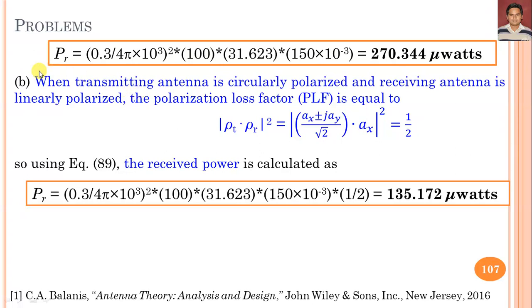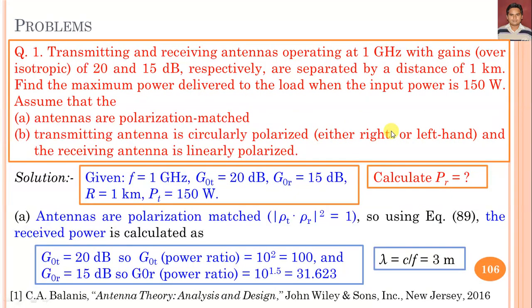In the second case, when the transmitting antenna is circularly polarized and the receiving antenna is linearly polarized, the polarization loss factor is equal to magnitude of rho_t dot rho_r squared. So rho_t is for the transmitting antenna, and since it is circularly polarized, we can consider the equation of circular polarization, (a_x plus or minus j a_y) upon root 2. Here it is either right handed or left handed.